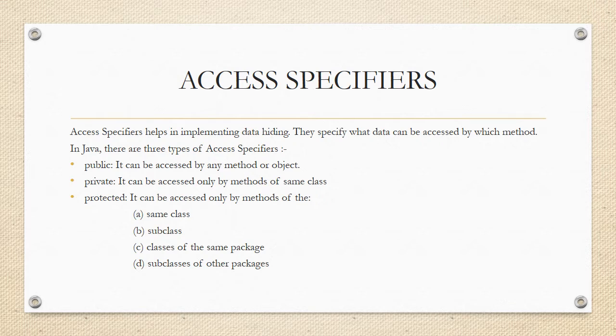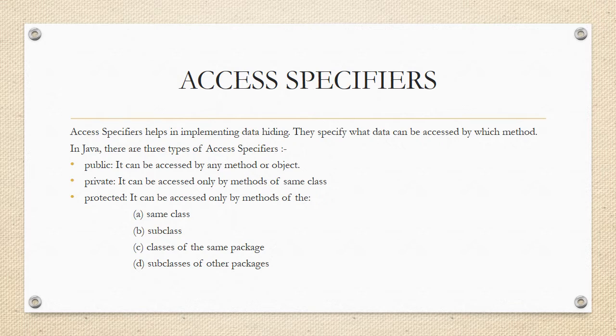Protected means only those classes or methods can access it which are the subclass of that class, or the methods of the same class, or the classes of the same package, or a subclass in other packages.